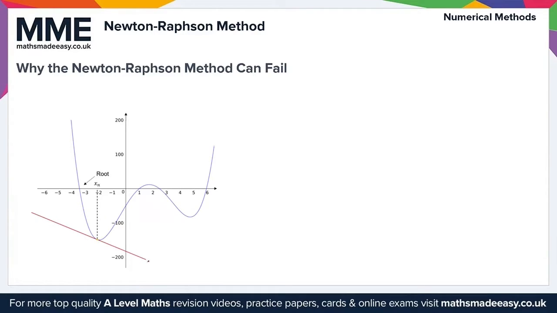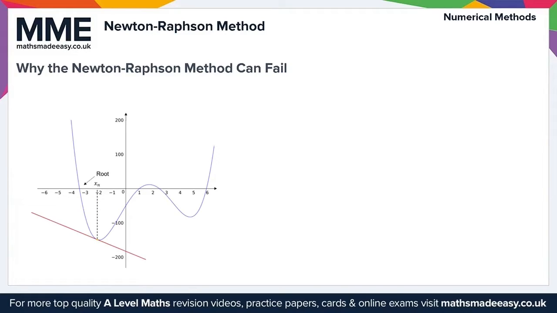As we can see here, as this gradient is close to 0, it's not going to cut through the x-axis until quite far away from our actual graph. This causes issues such as the root diverging rather than converging.